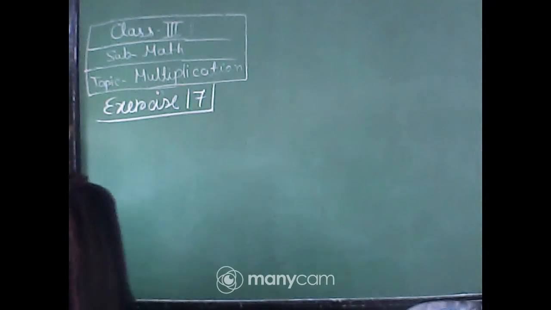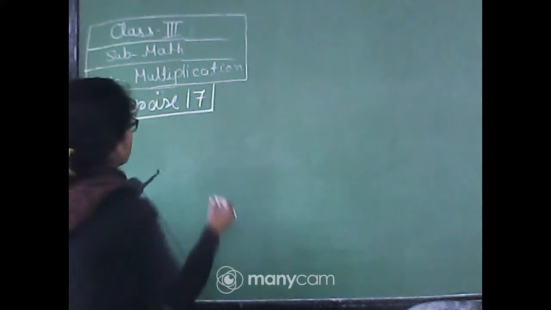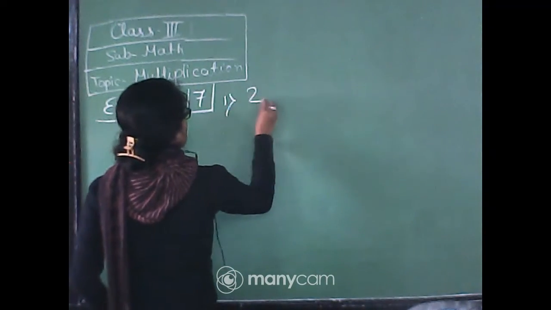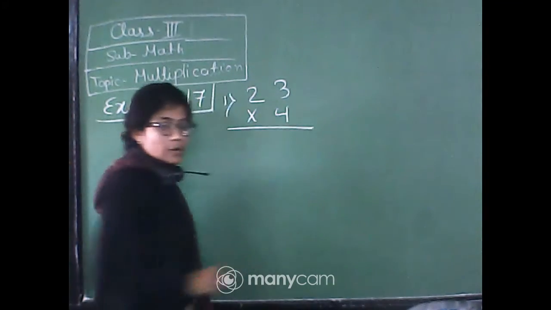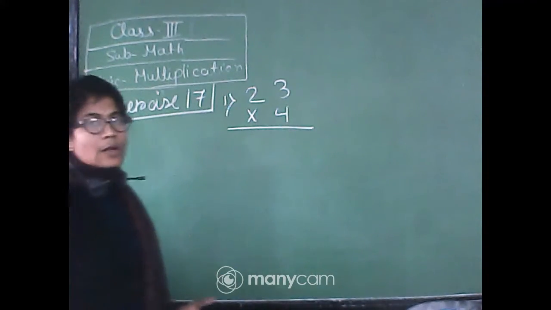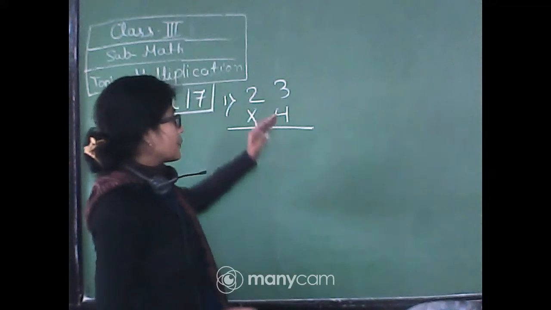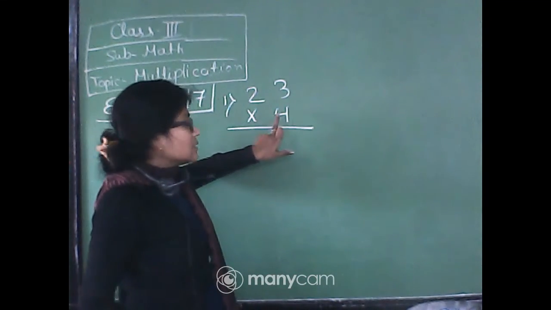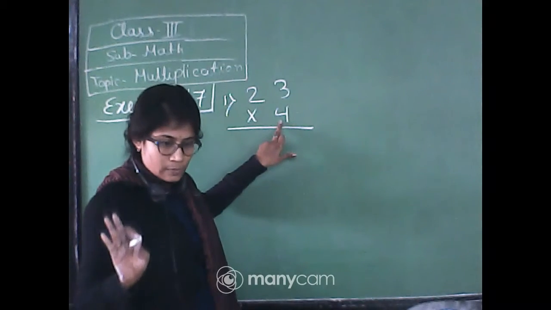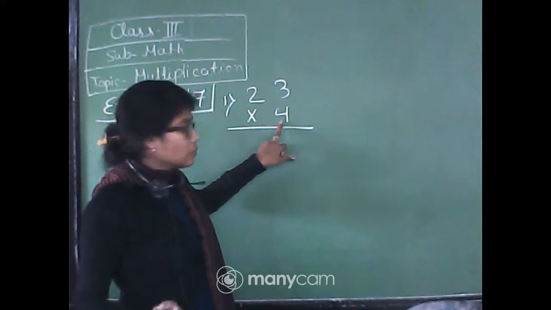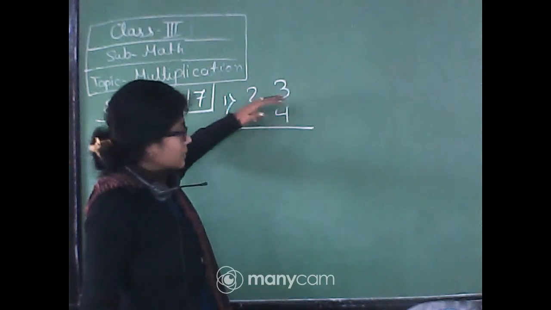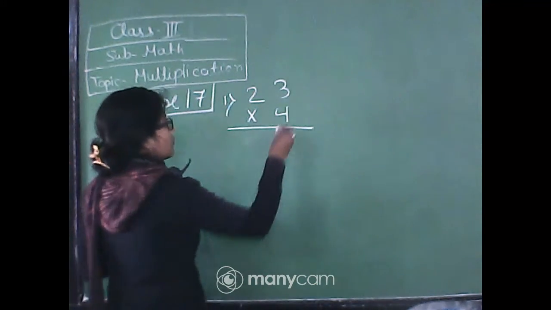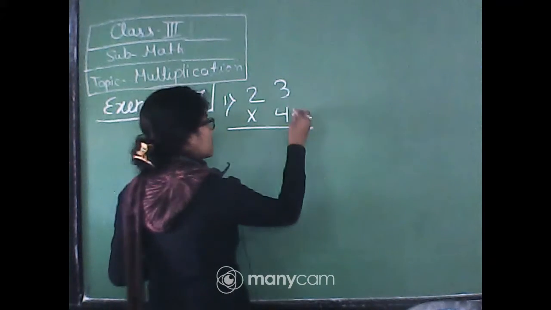So look at the first example. This is carry multiplication. So 23 multiplied by 4. How do we do the same process? We have to multiply the number below with all the numbers on the top side. First we will multiply 4 with 3.